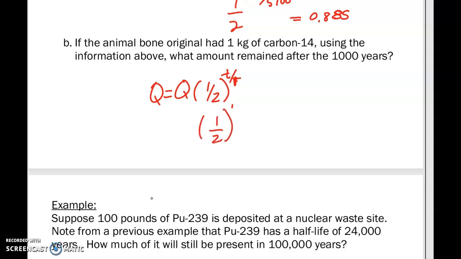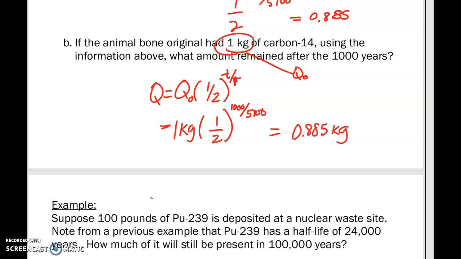But now they're giving us the amount, so I'm going to put that here. This is the original amount, Q sub 0. If this was the original amount of carbon-14, what remains? When I multiply 1 times 0.885, I get 0.885, and my units here will be kilograms.